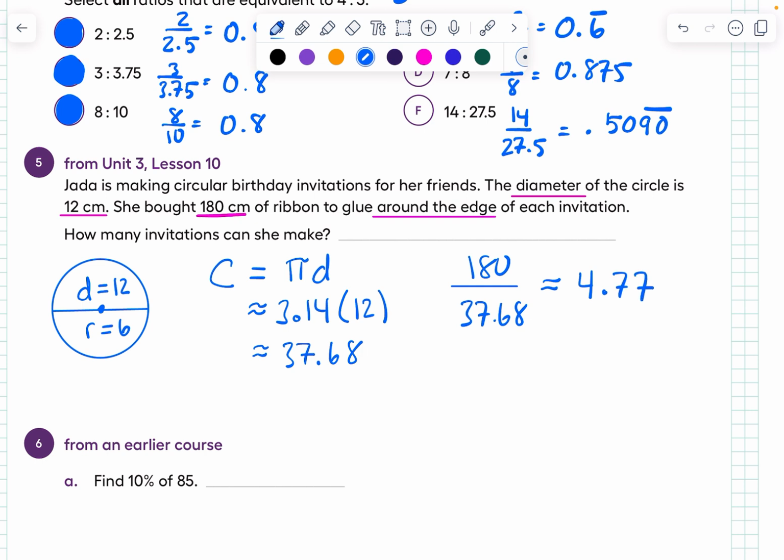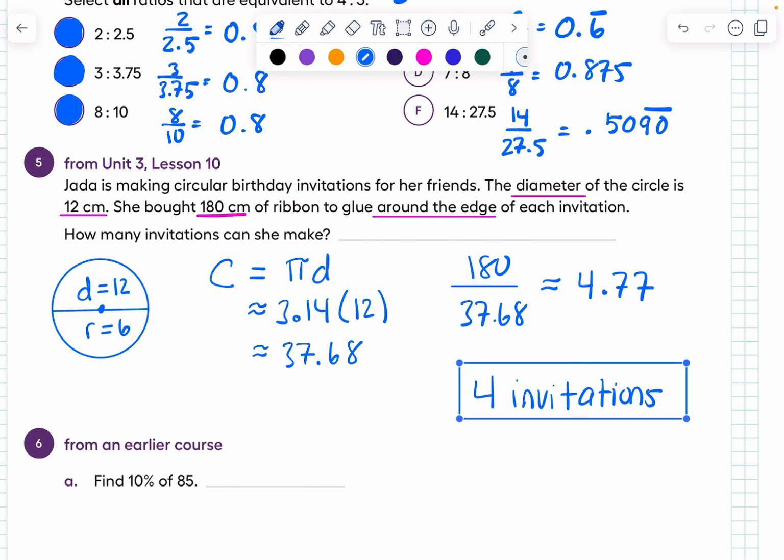Now, excuse me, you can't make 77 hundredths of an invitation. You're either going to make 4 invitations or 5 invitations. We don't have enough for 5, so she can for sure make 4 invitations. And let's box the answer.